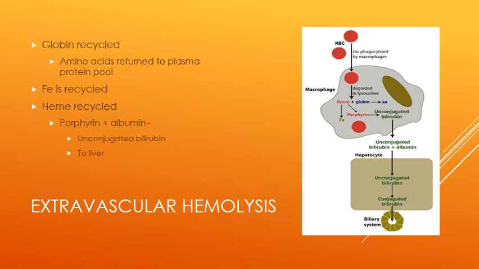And it'll be as bilirubin in the liver, and the liver will process that bilirubin from unconjugated to conjugated. It'll enter the intestine through the bile duct, and isn't that fun?